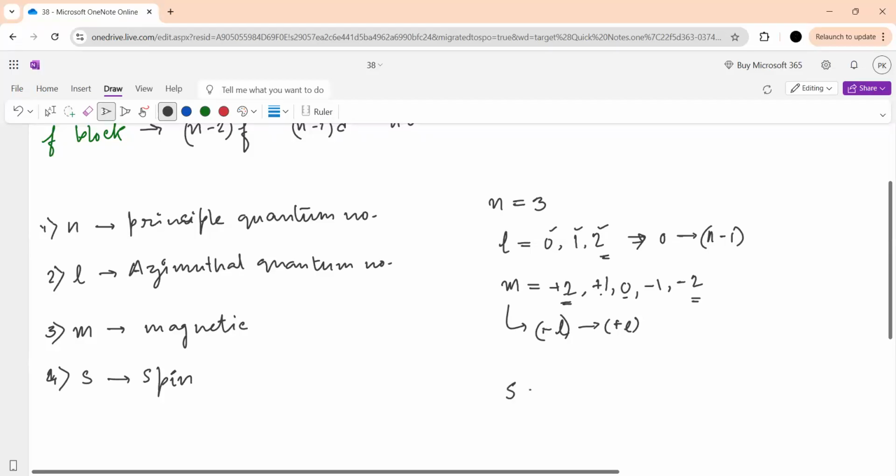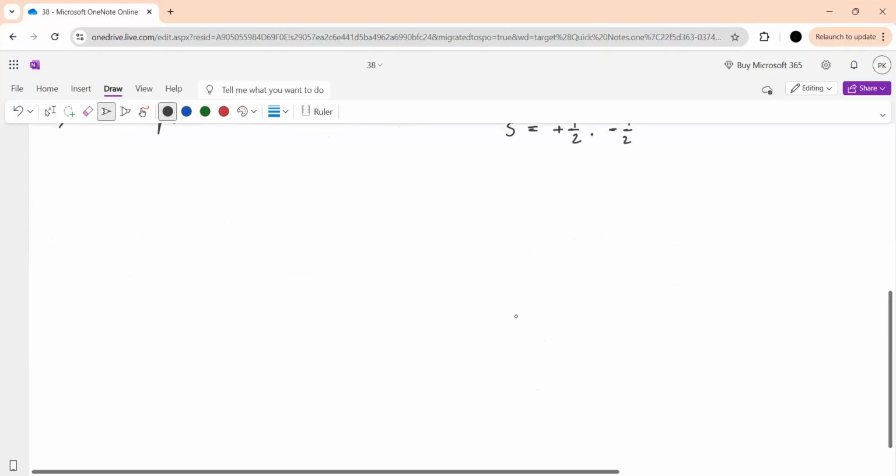Now for s, we have two values: one is positive half, one is negative half. We did this type of thing a lot. Let me see how much you remember.